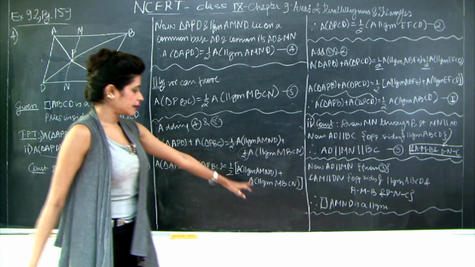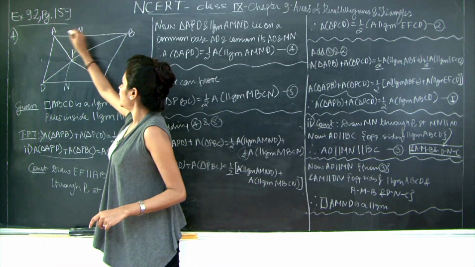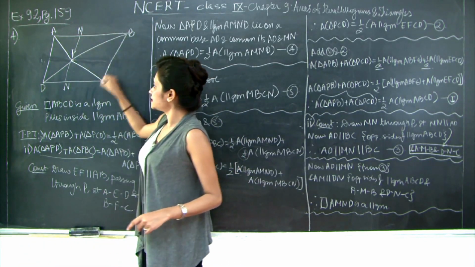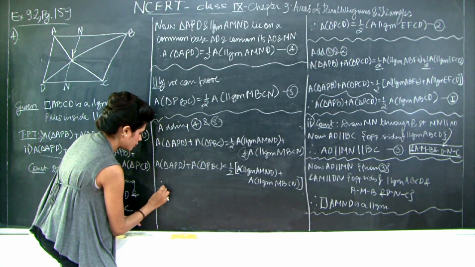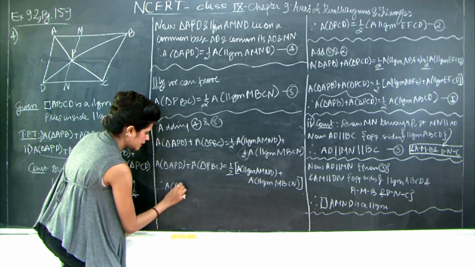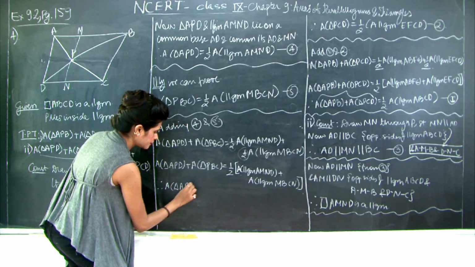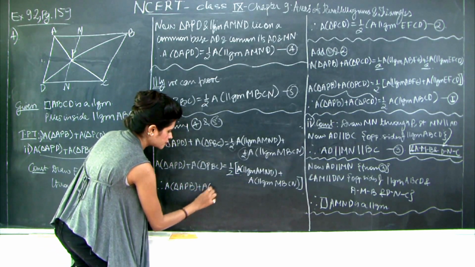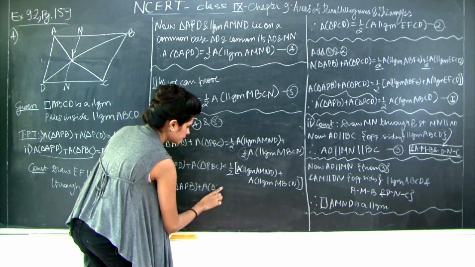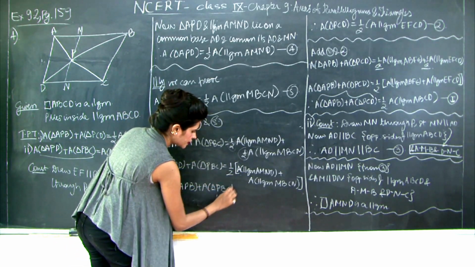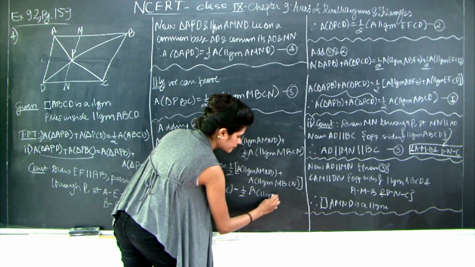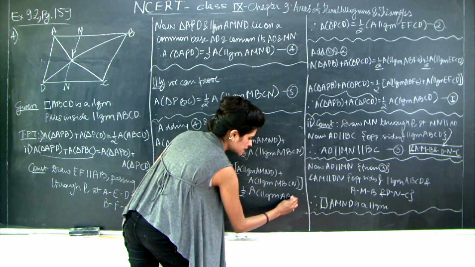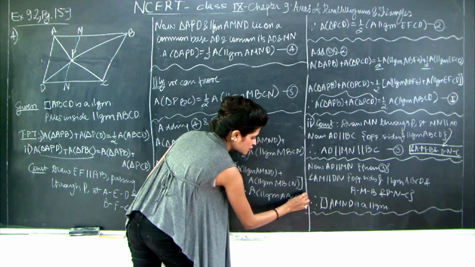So let's check: AMND and MBCN gives me parallelogram ABCD. Therefore area of triangle APD plus area of triangle PBC is equal to half area of parallelogram ABCD. Let's mark this as Roman number 2.